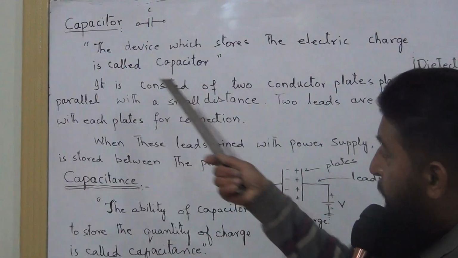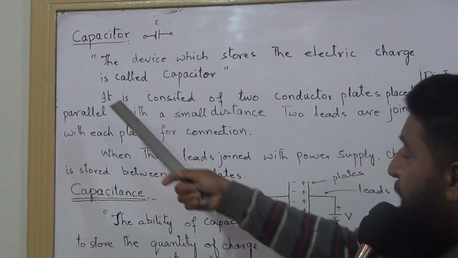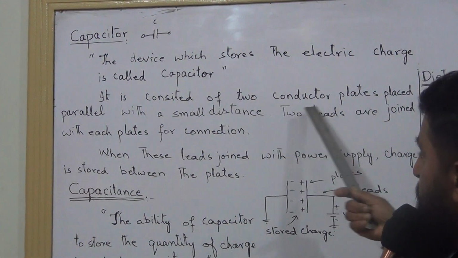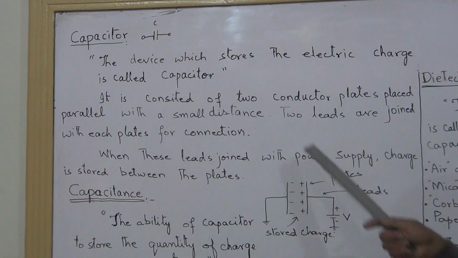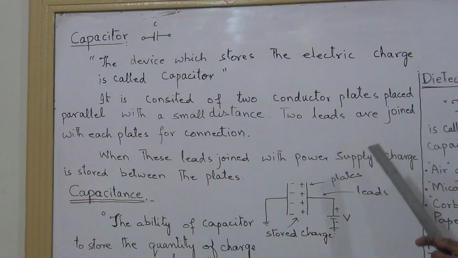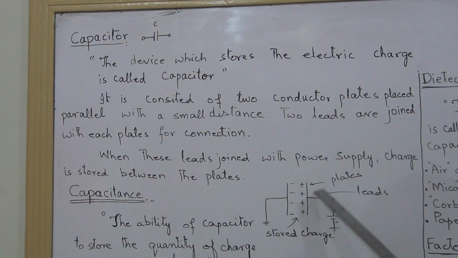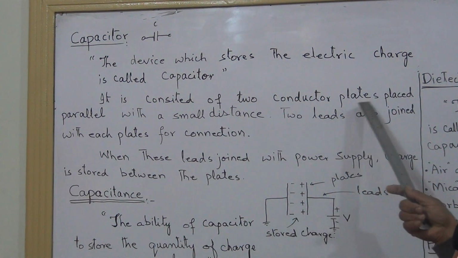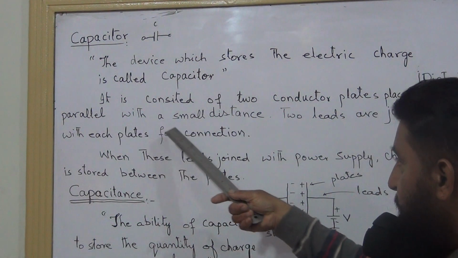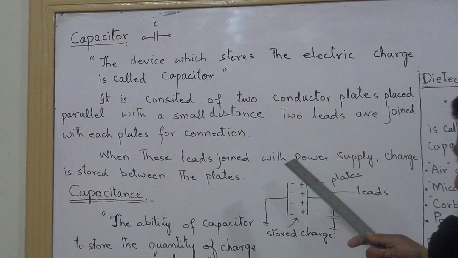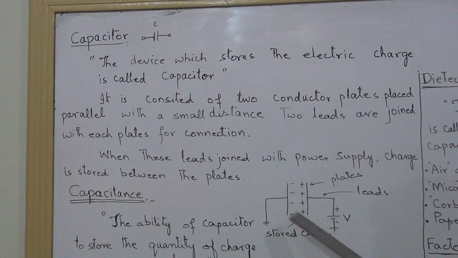Now, what is it made up of? It consists of two conducting plates. Two conductor plates mean plates of two conductors placed parallel with a small distance. These two plates are placed parallel, having little distance.